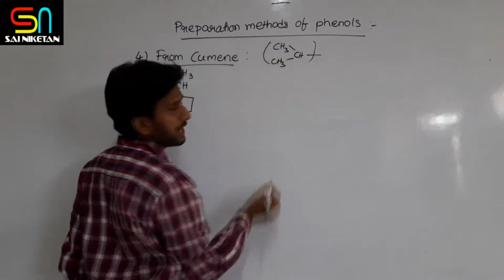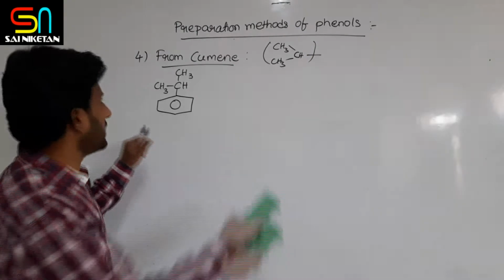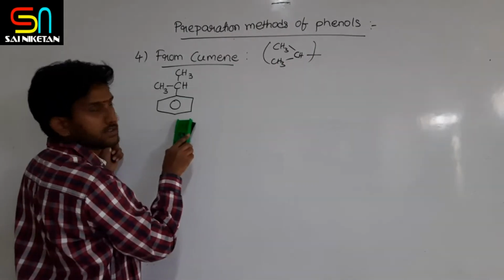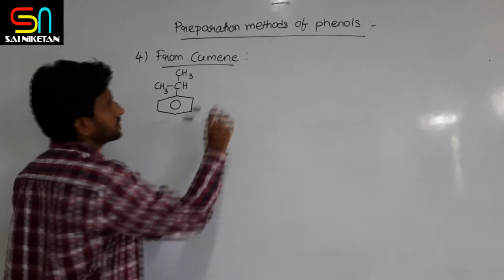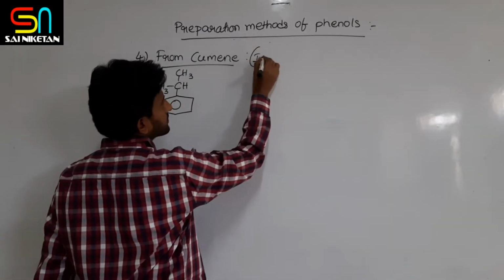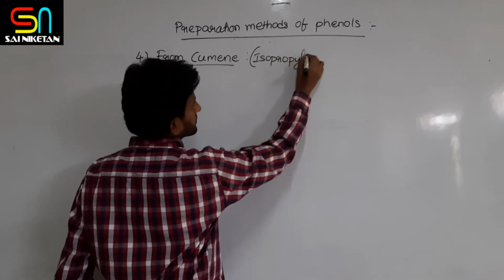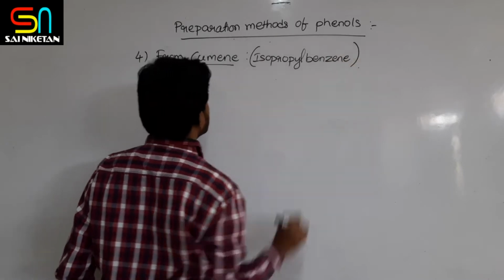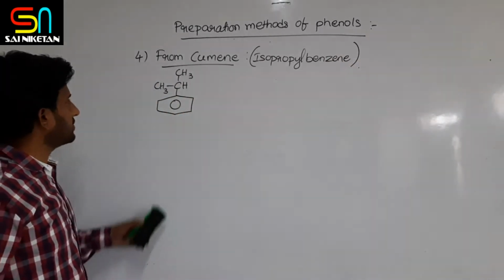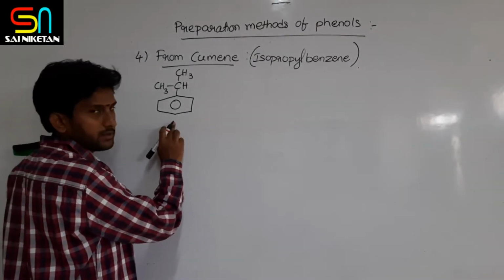This group is what? Isopropyl group, right? So isopropyl group attached to the benzene. So that is cumene. The other name of cumene is isopropyl benzene. Okay? Cumene's other name is what? Isopropyl benzene.